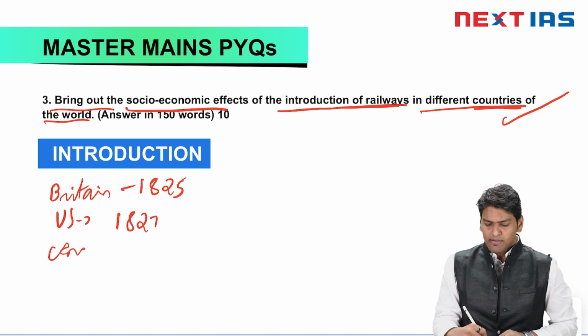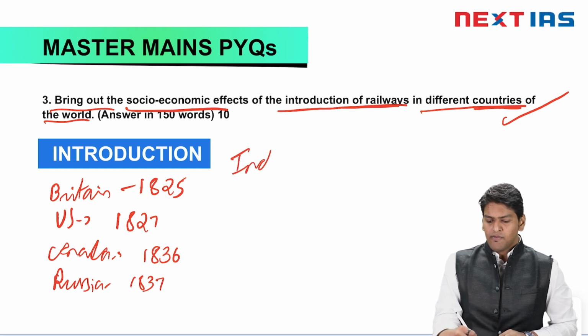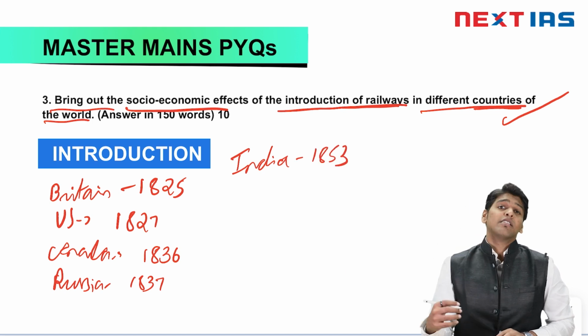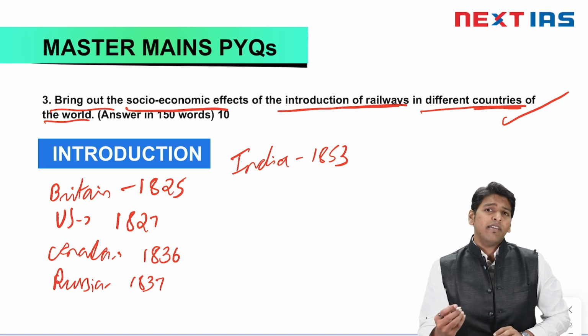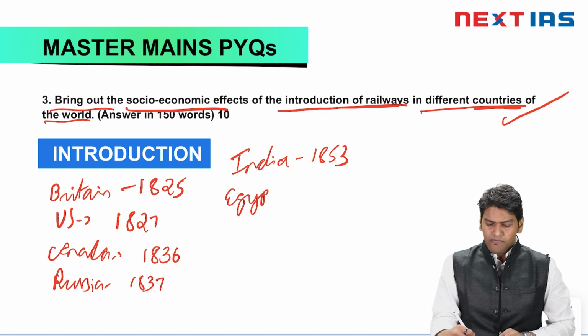In Canada, it came in 1836. In Russia, 1837. In India, we all know it was 1853. And in Egypt, the first nation to have a railway in the African continent, it came not very long after India, in 1856.